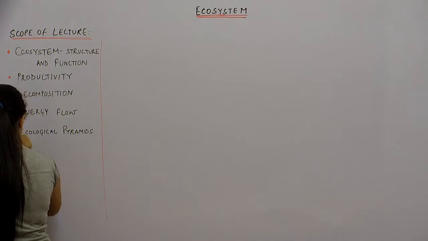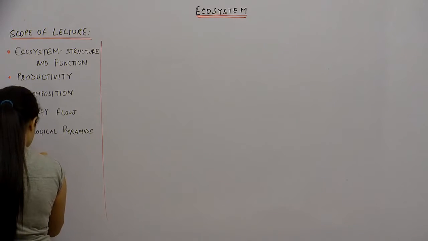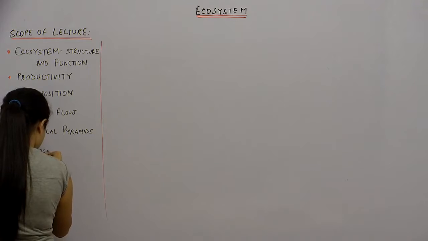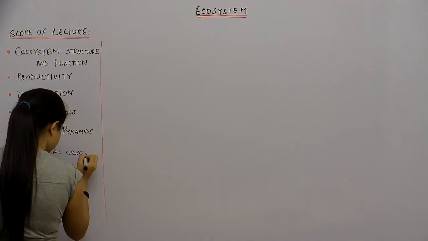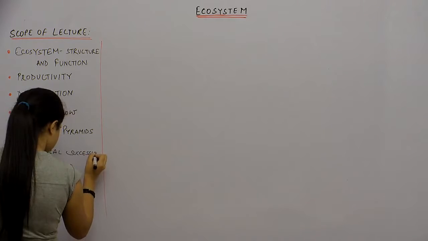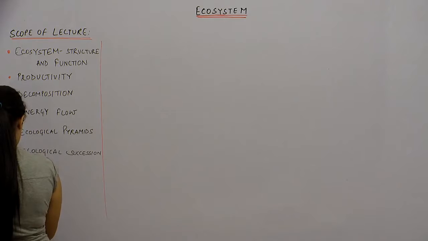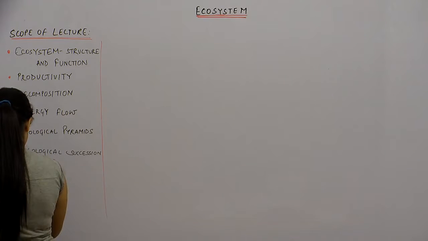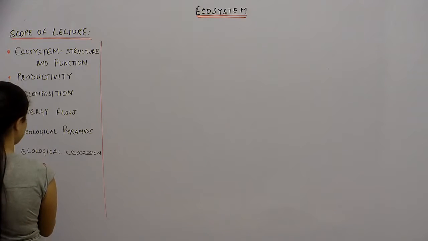The sixth one is ecological succession. The seventh one is nutrient cycling.